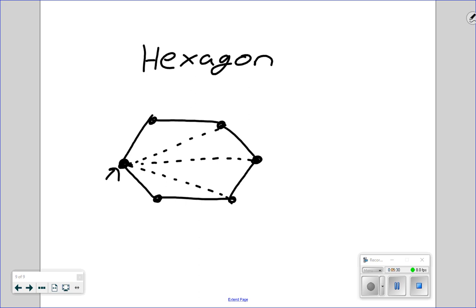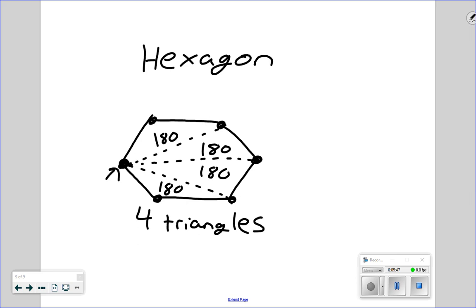Well, I make a triangle here, that's 180. I make a triangle here, I make another one here and here. So I have 4 triangles. So for a hexagon, I have 4 triangles that are created on the inside of that, which means that each of those triangles has 180 degrees.